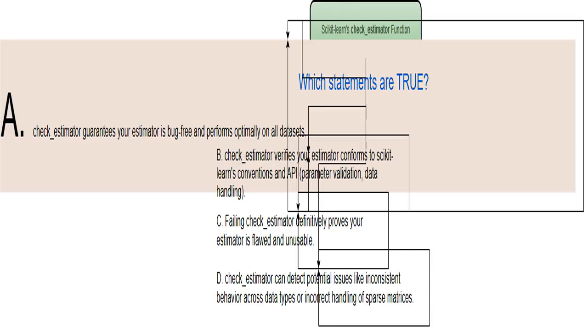This statement is false. check_estimator is not a magic bullet that magically removes all bugs and makes your estimator perfect. It only checks if the estimator conforms to scikit-learn's rules, not whether it is bug-free or performs well. Think of it like checking your grammar. It helps with the structure but doesn't guarantee the writing is engaging and brilliant.